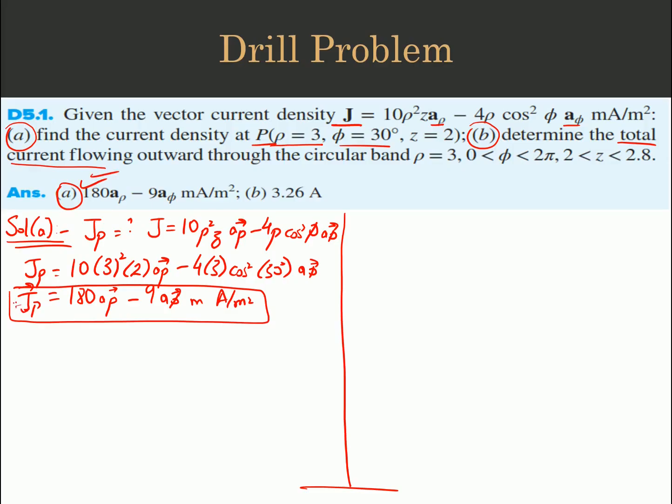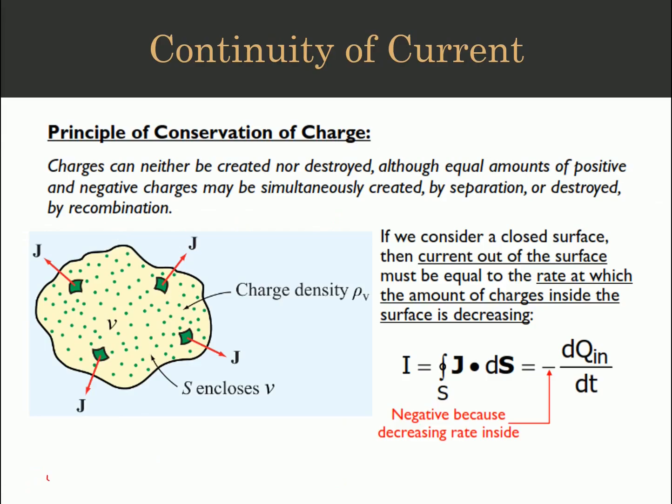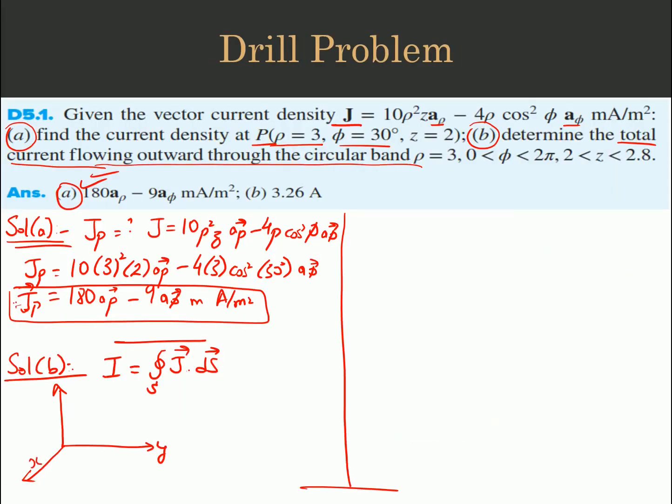Now let us go to the second part. In the second part, we have to find the total current, which means we have to use the surface integral of J dot dS for the current flowing outward from the circular band. If I draw the circular band, this is my x, y and z, and we know this is the cylindrical coordinate system because we have rho, phi and z.